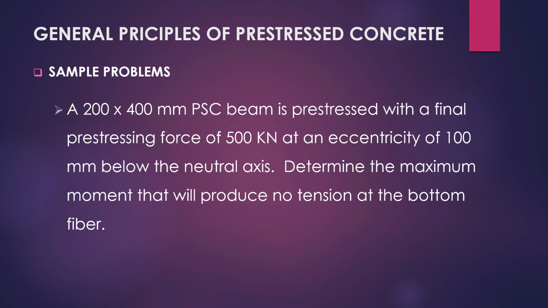Sample problem number 1. A 200 by 400 mm PSC beam, or pre-stressed concrete beam, is pre-stressed with a final pre-stressing force of 500 kN at an eccentricity of 100 mm below the neutral axis. Determine the maximum moment that will produce no tension at the bottom fiber.